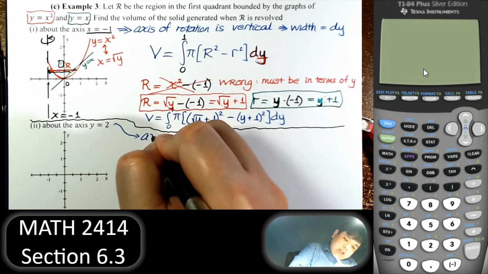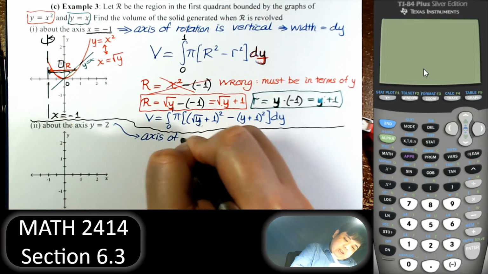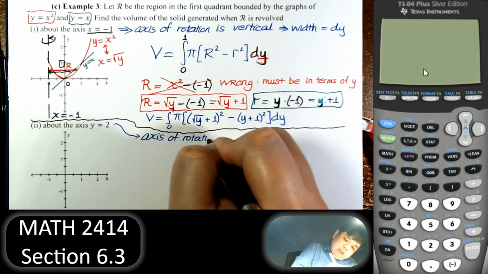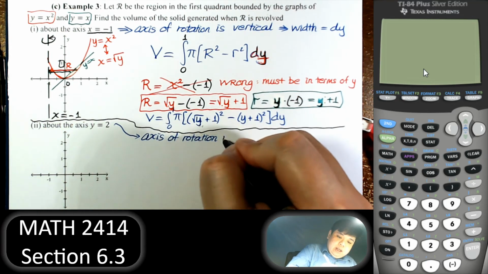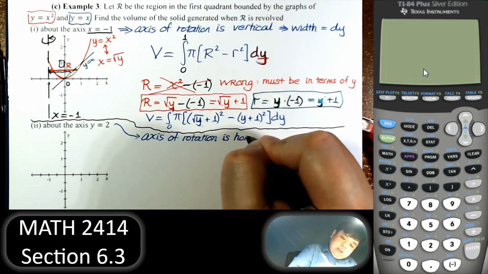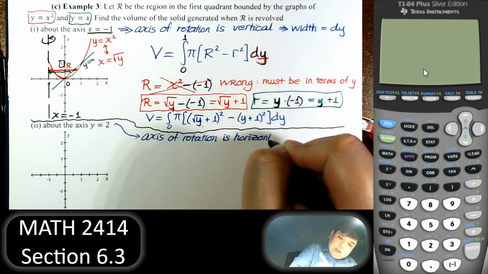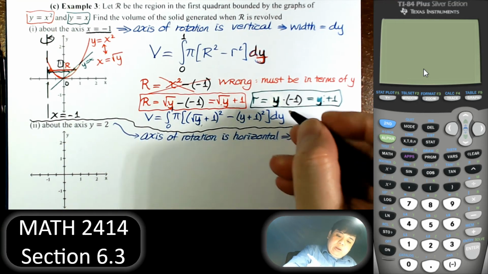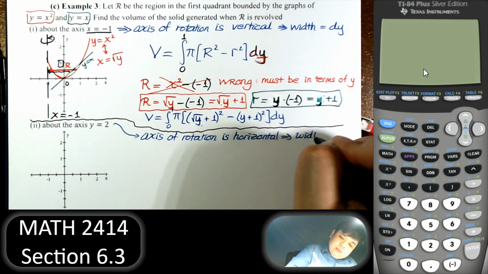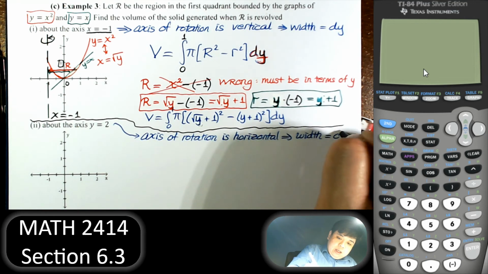The axis of rotation is horizontal. So the width is dx.